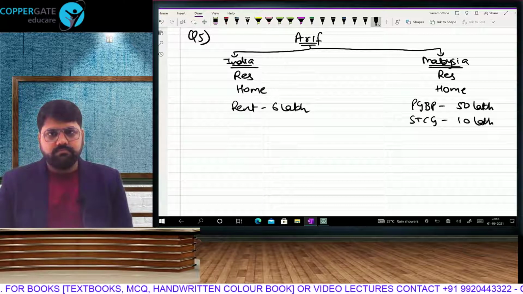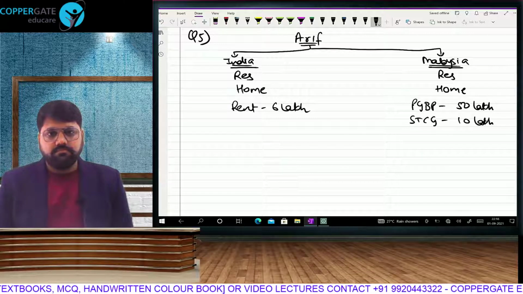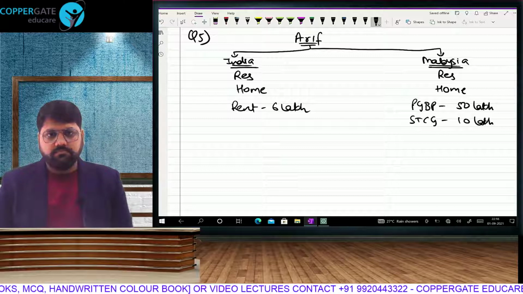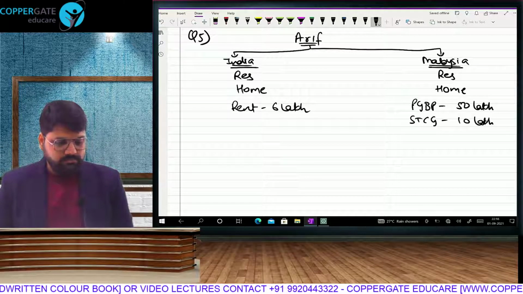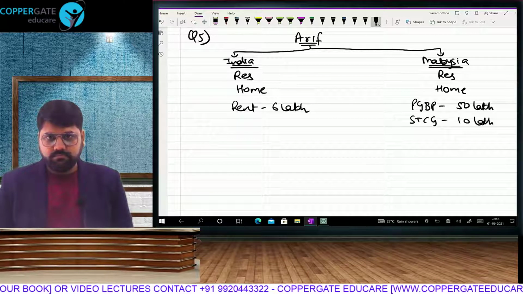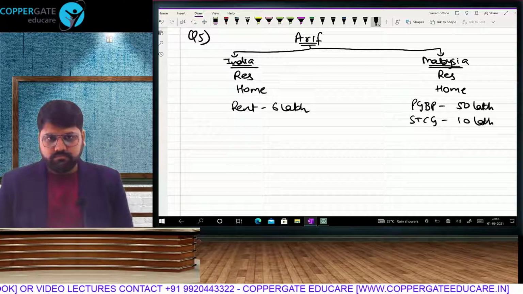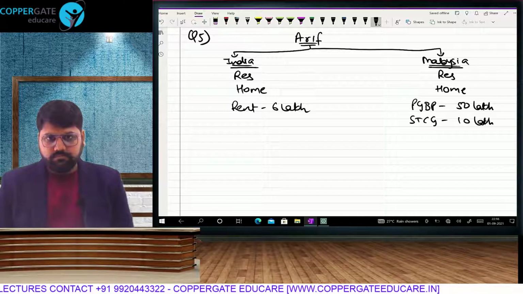If he has a permanent home in both the contracting states, he shall be deemed to be a resident of that contracting state in which his personal and economic relations are closer, the center of vital interest. You are required to state with reasons whether the business income of Arif arising in Malaysia and the capital gain in respect of sale of the property situated in Malaysia be taxed in India.